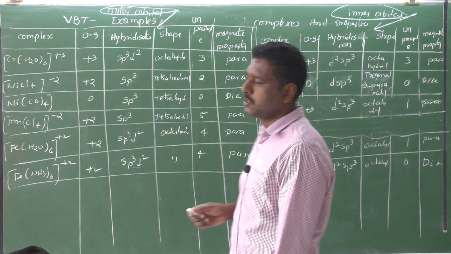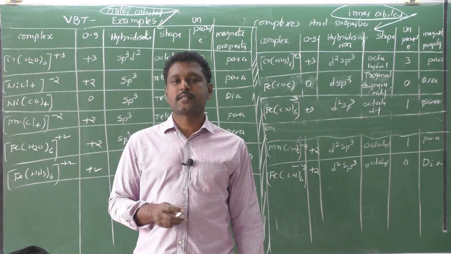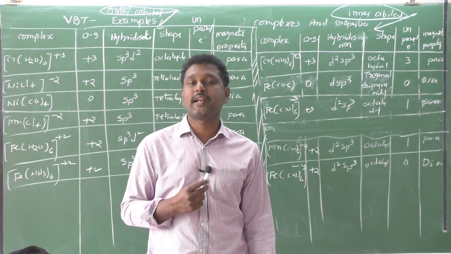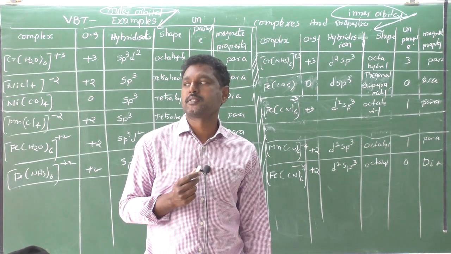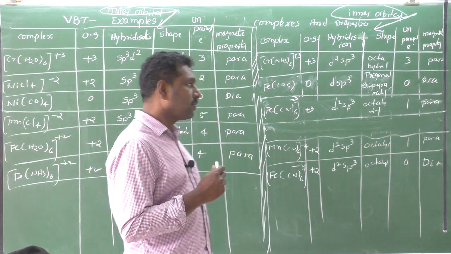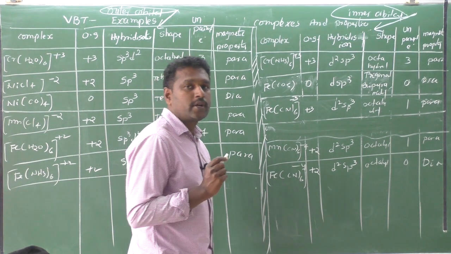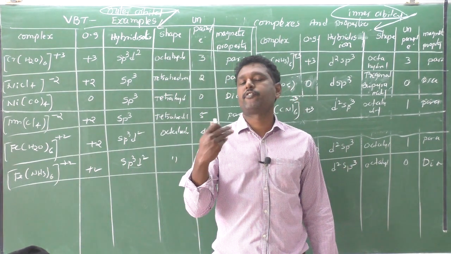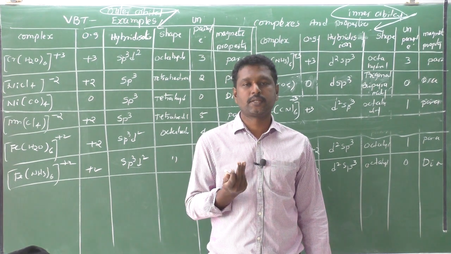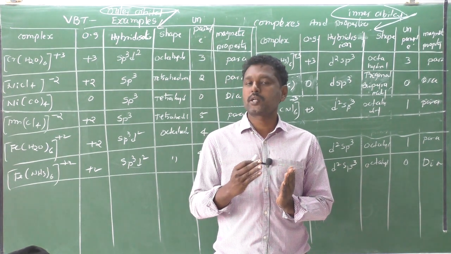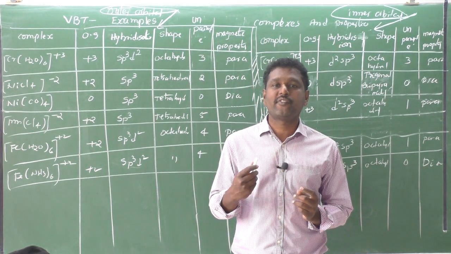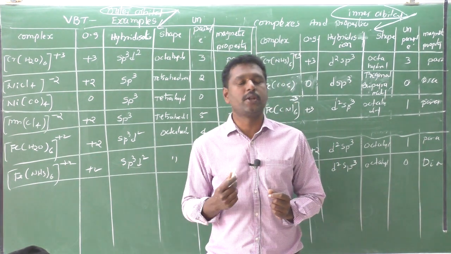Good morning, students. Today we will discuss examples of outer orbital complexes and inner orbital complexes. Outer orbital complexes are formed by weak field ligands. If weak field ligands are present, pairing of electrons is not possible.